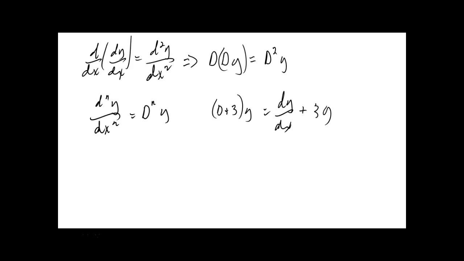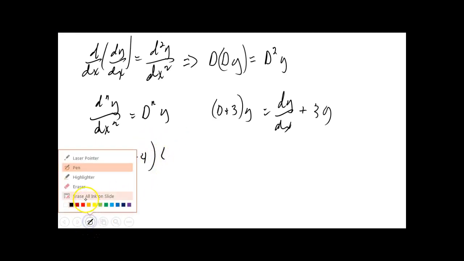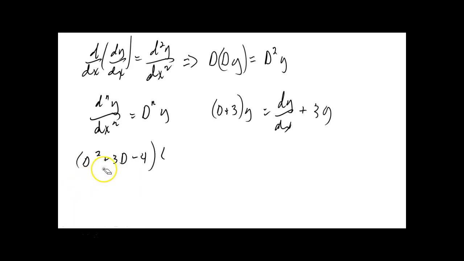Okay? Now, how about this one? I'll call it d squared plus 3d minus 4. What if that were operating on, say, let's not use t, let's use z.